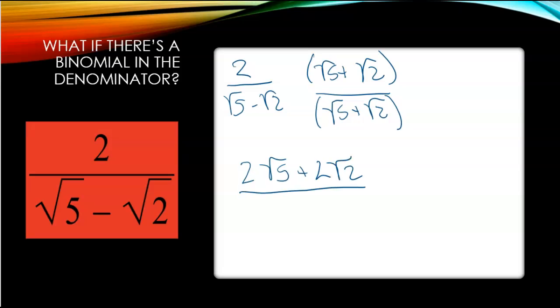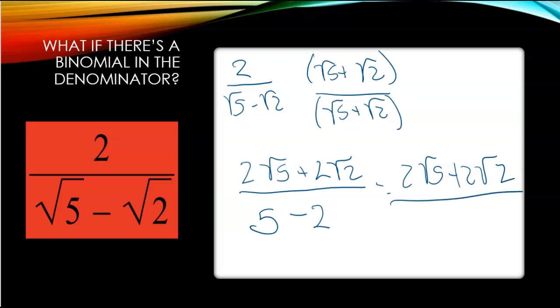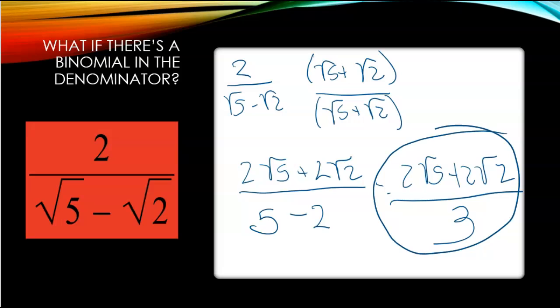That's nothing tricky there. Okay, now square root of 5 squared is 5. There's a negative here because there's a negative times a positive. Square root of 2 times square root of 2 is 2. We end up with 2 square root of 5 plus 2 square root of 2 over 5 minus 2 is 3. Make sense? Just change the sign.